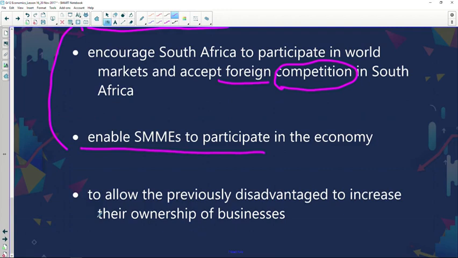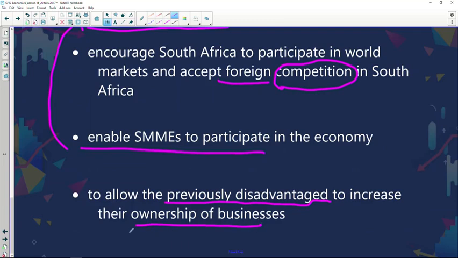Okay, we know that based on the apartheid system, people were denied access to certain sectors of the economy. When we look at the whole concept of redistribution, we have to look at people that previously did not have the opportunities or were disadvantaged by the apartheid system.